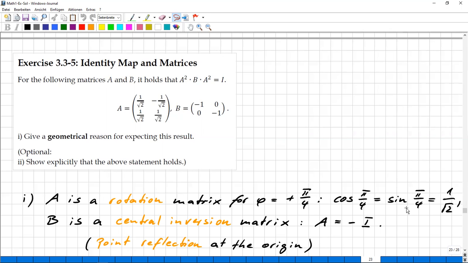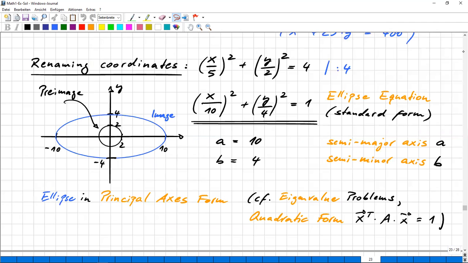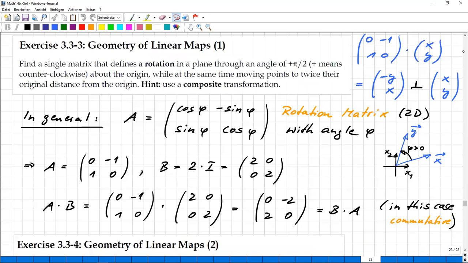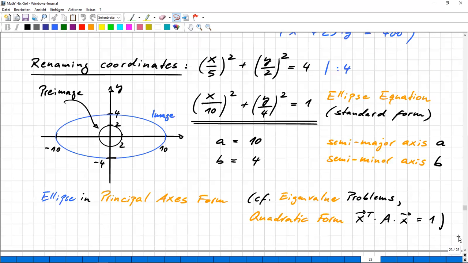But anyway, look back. Where was it? I think here. This is the general form of a rotation matrix. So if we find the cosine of a certain angle on the diagonal, and the sine, once with a plus sign, once with a negative sign on the second diagonal, then we can identify it as a rotation matrix.